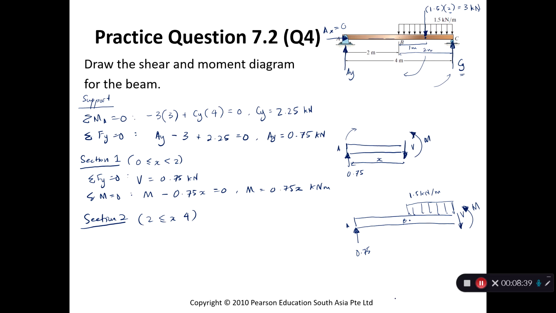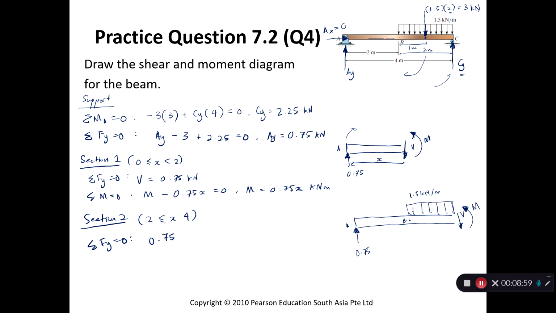Now, the summation of force, because we still want to determine shear force. So sum of Fy equals 0. What we have is 0.75 is going up, so positive, and then this distributed load.